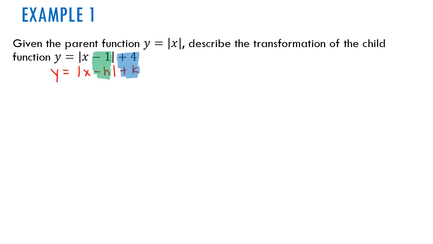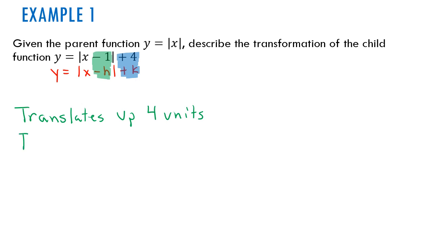So what is this? What's happening to this graph? Well, the k value tells us up and down, so we can say this translates up 4 units, and the h value, we have x minus 1, which means it does the opposite of what you think.